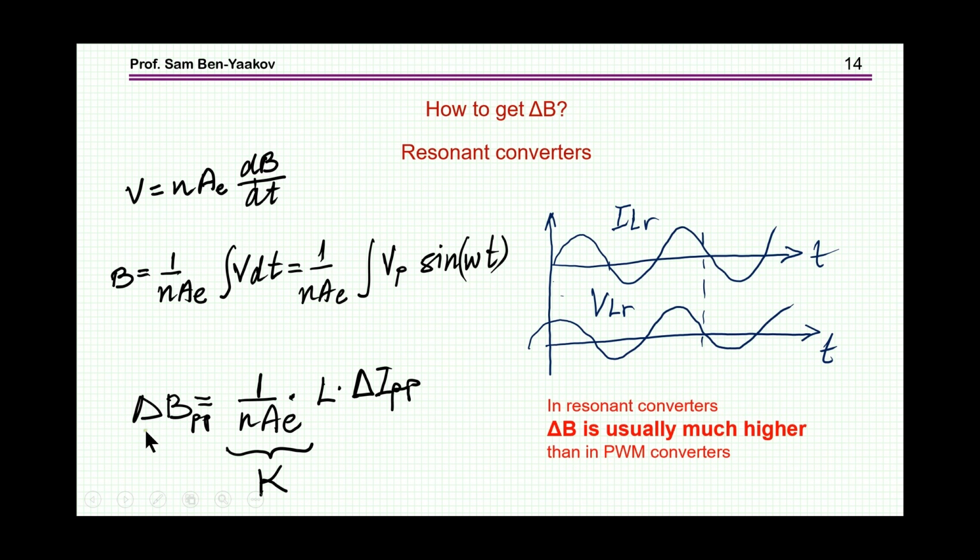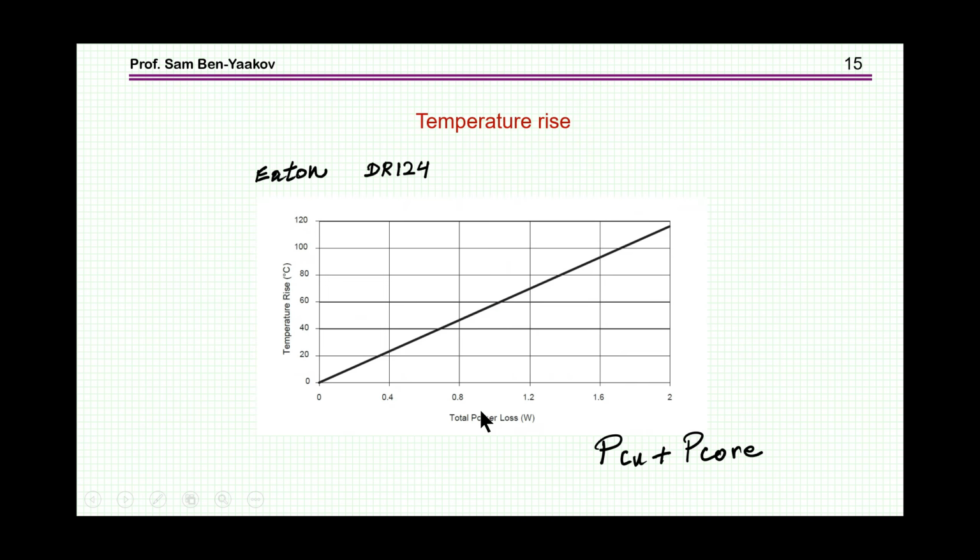Again, you need to estimate delta I peak to peak from the voltage or, in this case, the current peak to peak of this element. And as I've said, in the case of a resonant converter, the situation is much, much worse.